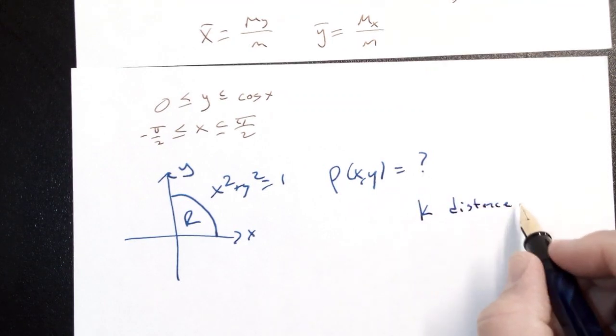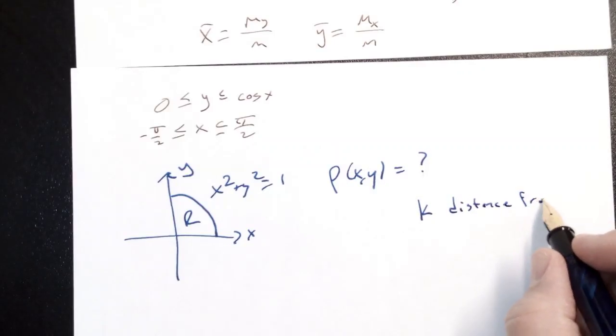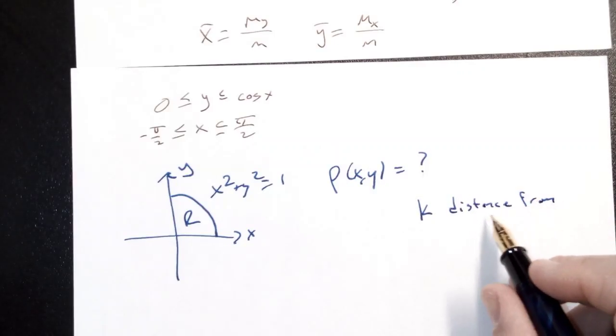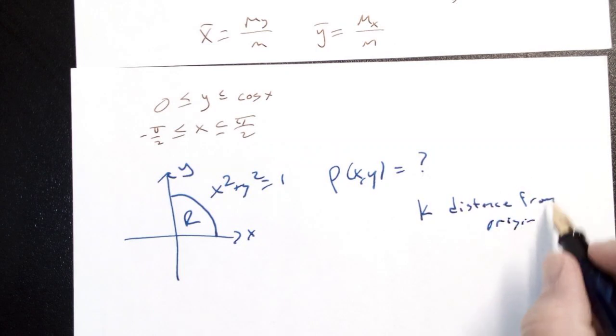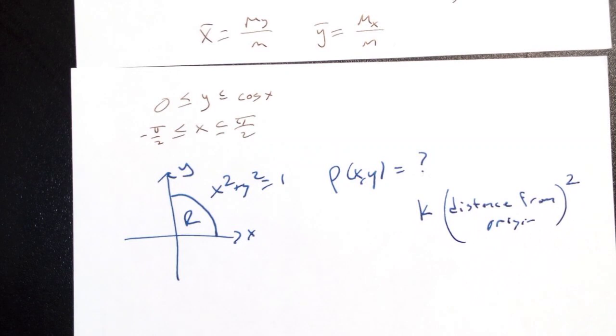That's in 11. What does it tell me in 12? Is proportional. Proportional means there's some constant K. I don't know what it is.